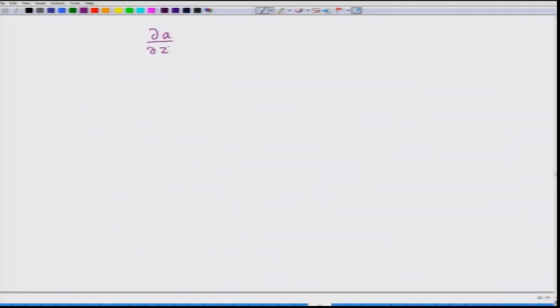I am now using the small a to denote the inverse Fourier transform of the capital A envelope. So, I have del A by del z, having just taken the inverse Fourier transform of the previous expression, and this should be equal to j beta 2 by 2 del square A by del t square. Of course, I have to use partial derivatives because my pulse envelope A depends on z and t.